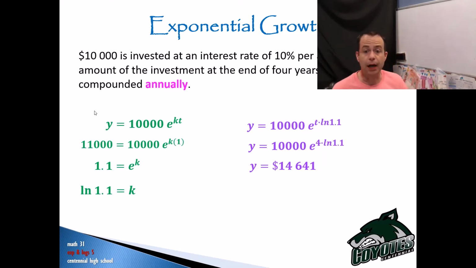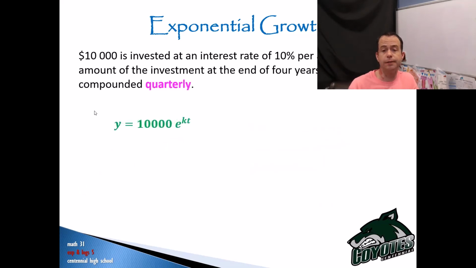Okay, now we're going to shift the conversation to compounding quarterly instead of annually. So again, I still need 2 moments in time. With quarterly, what happens is you get your interest put on every quarter of a year instead of every year. Now, you don't get 10% every quarter, you get a quarter of 10% every quarter.